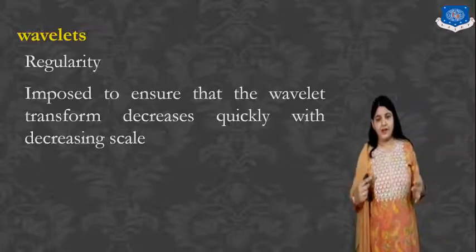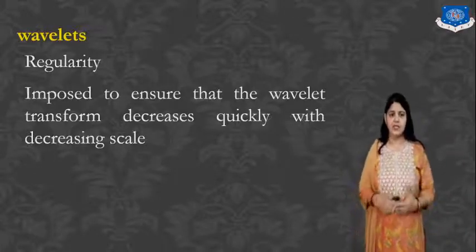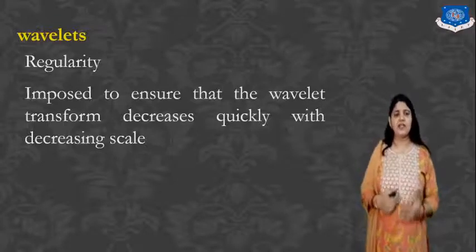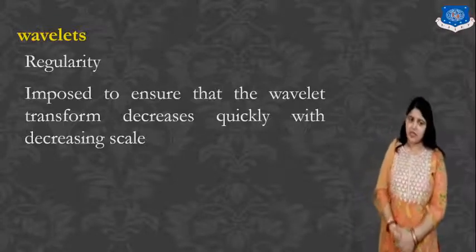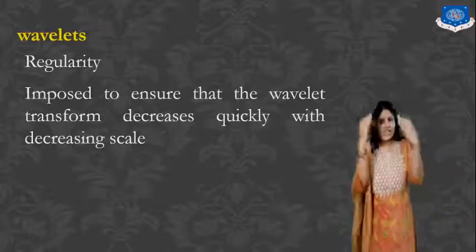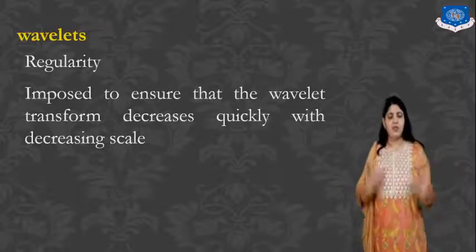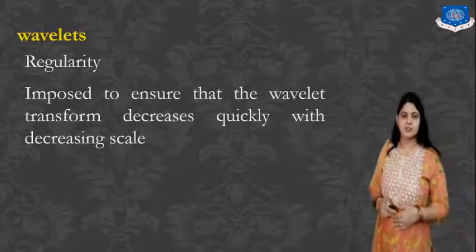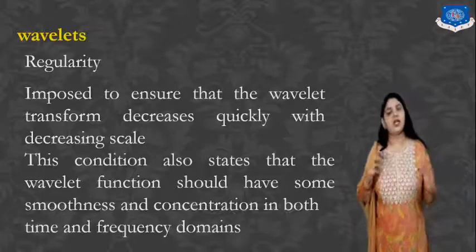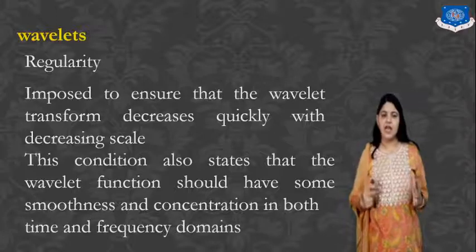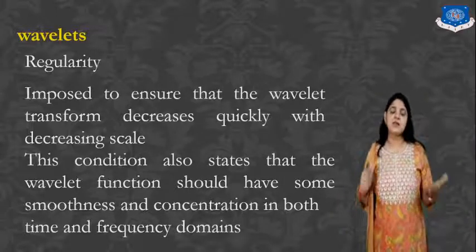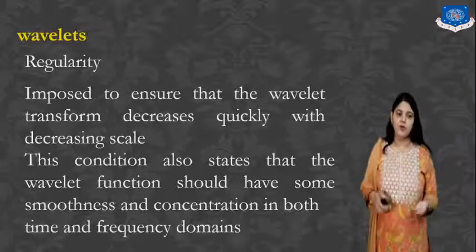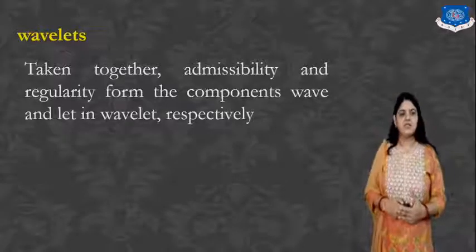Next is the regularity. What is regularity? Regularity means ensuring that the wavelet transform decreases quickly with decreasing scale. As we know, while the scale is reduced, the wavelet transform decreases its value. So the condition is that the wavelet function should have some smoothness and concentration in both the time and frequency domains.